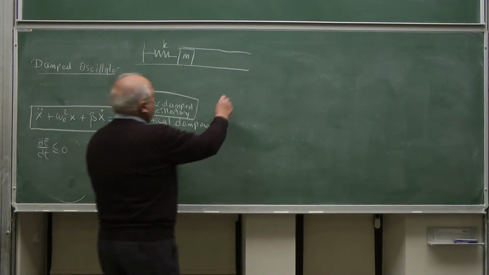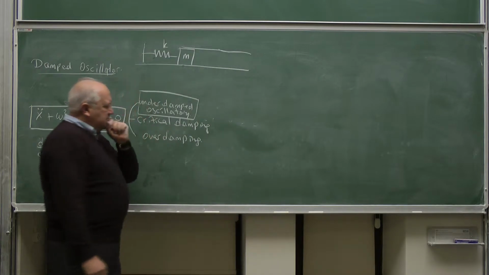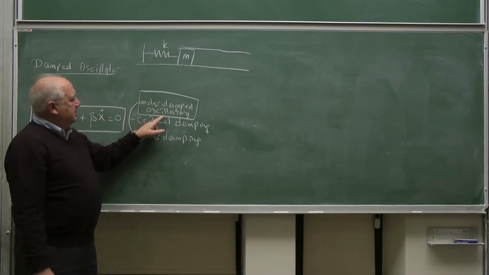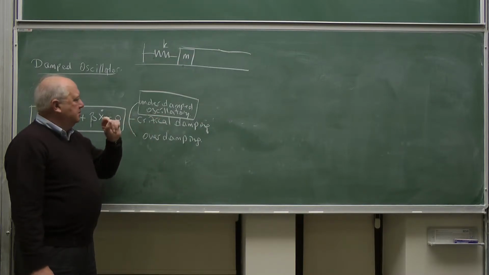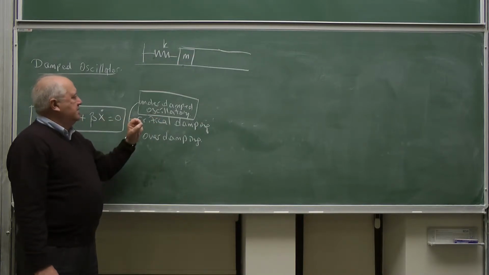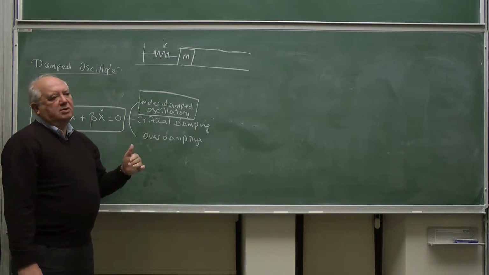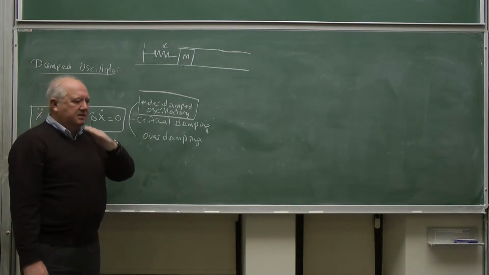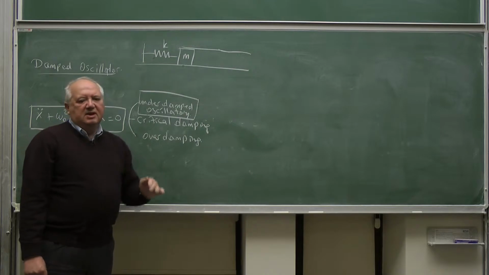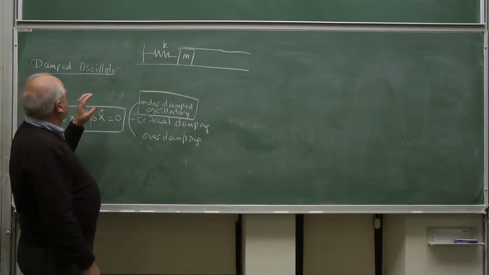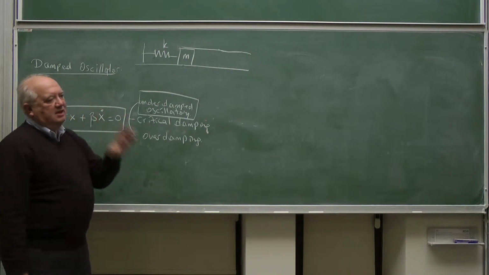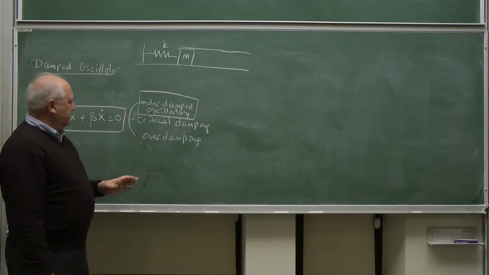So, we will study not only the underdamped oscillatory case, but we shall also study, although it is damped, it is still a good oscillator. But if you wait enough, it's losing energy. So we are studying now a damped oscillator, but which is still a sort of good oscillator.